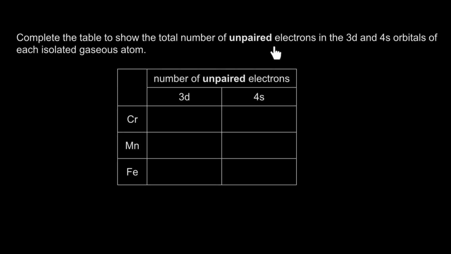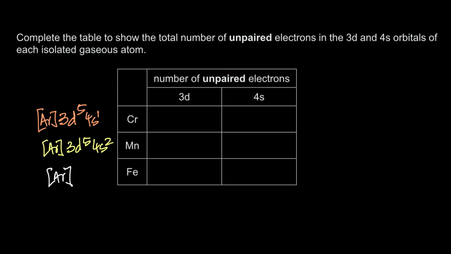Complete the table to show the number of unpaired electrons in the 3d and the 4s orbitals of each of these isolated gaseous atoms. You'll have to write the configuration first. Chromium is Ar, which is paired, and 3d5 4s1. Manganese is Ar 3d5 4s2. And iron, if you remember, was Ar 3d6 4s2.